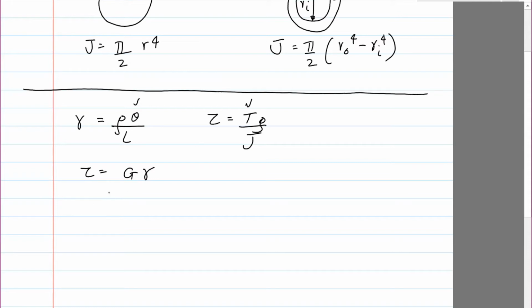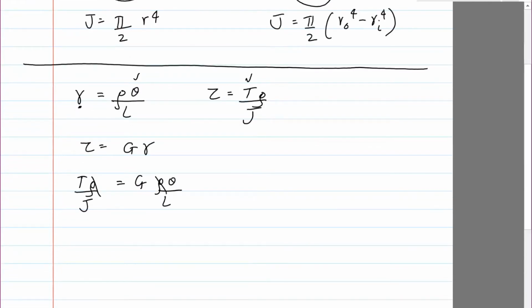So just subbing in the values, T times rho divided by J equals G times gamma, and gamma is rho times theta divided by L. And so the rho's cancel off. This is G rho theta over L.